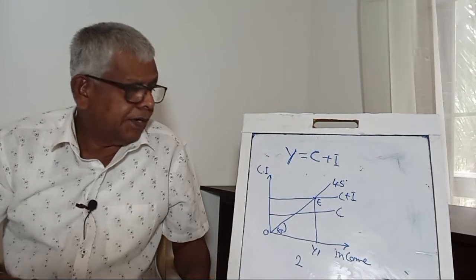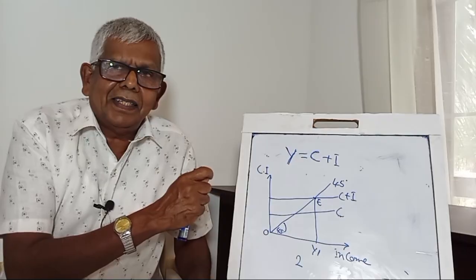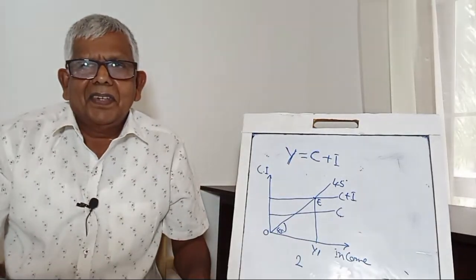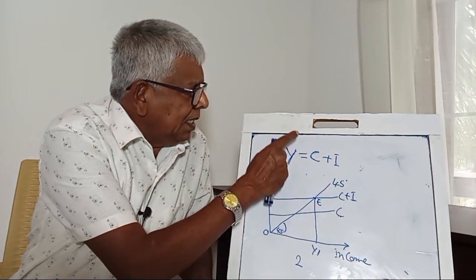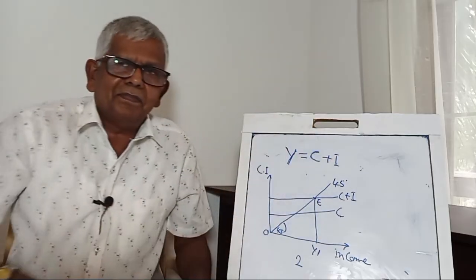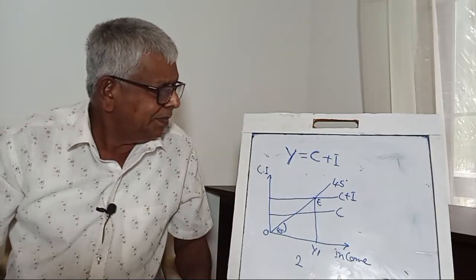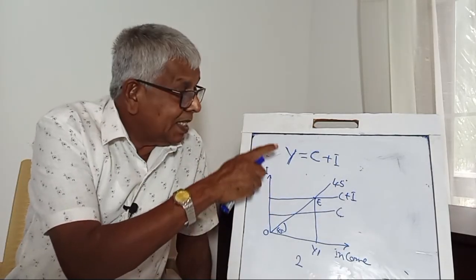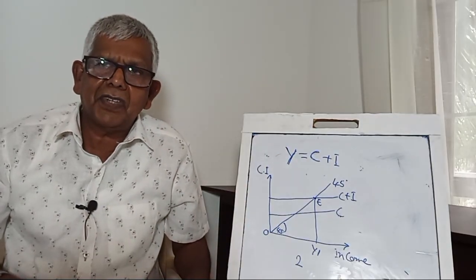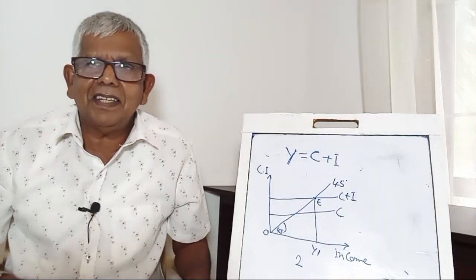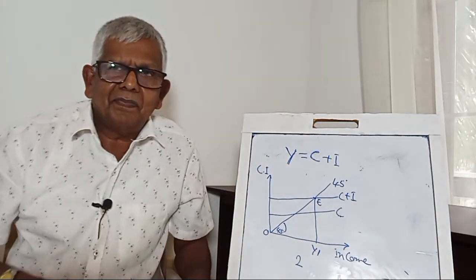The second one is C, I, and Y. So we can say Y equals C plus I: Y is income, C is consumption expenditure, and I is investment expenditure.